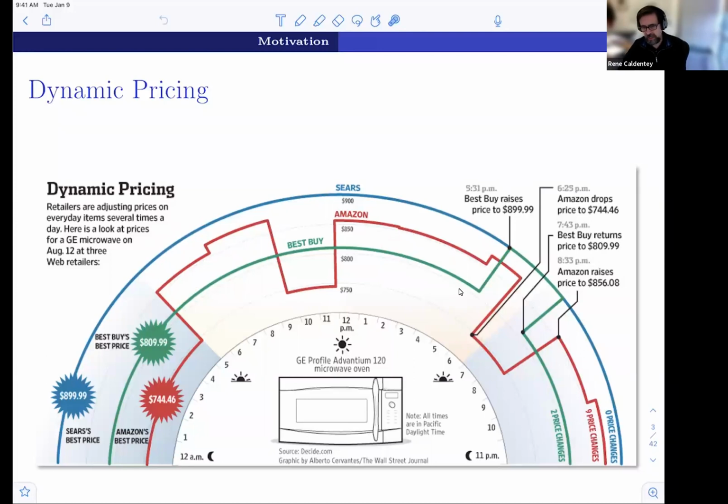So on this particular day, there were 9 different price changes for Amazon, right? And so the question that we might have is, why is this happening? What is triggering companies like Amazon here to change the price of this otherwise commodity product so frequently during the course of just 24 hours, right?